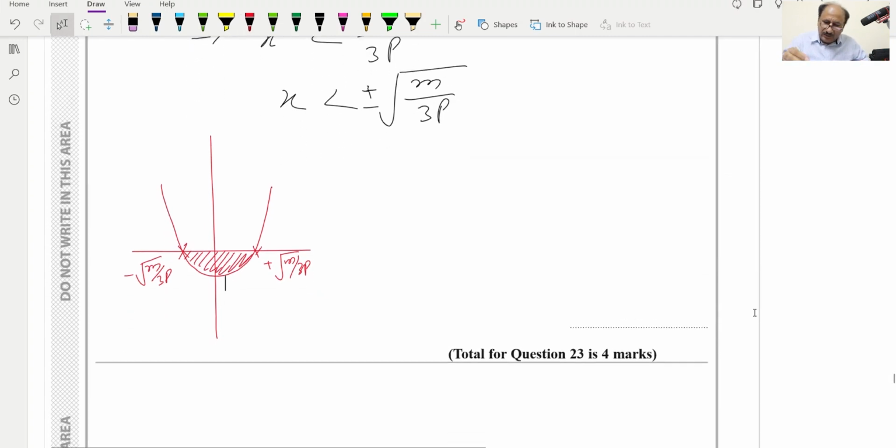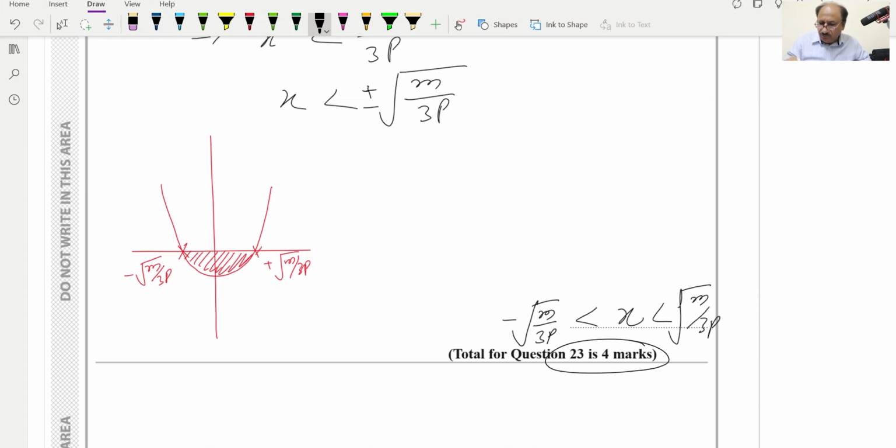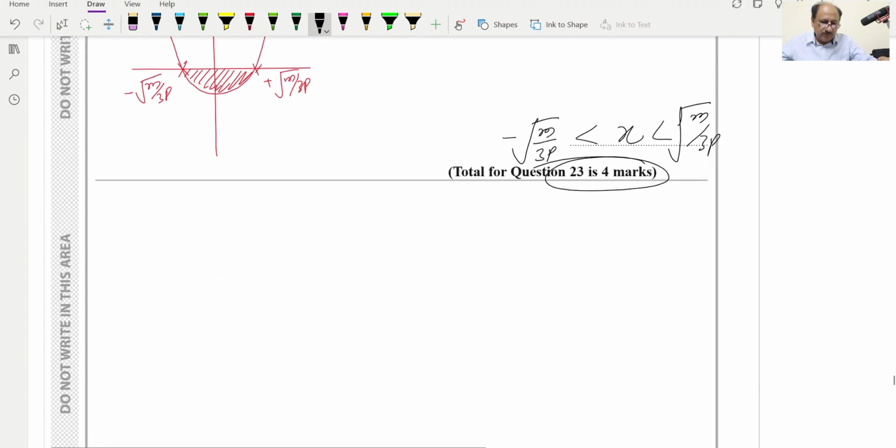So we can write the x range will be what? x will be greater than minus square root of m over 3p and less than square root of m over 3p. This will be the range. A 4-mark question, which we are done with.